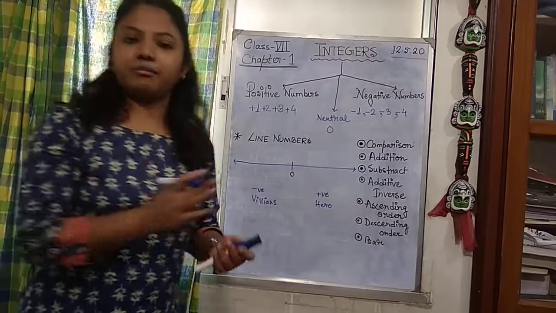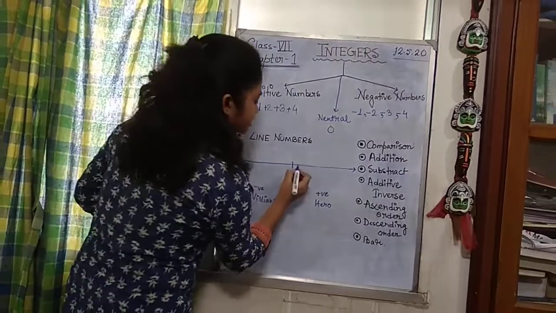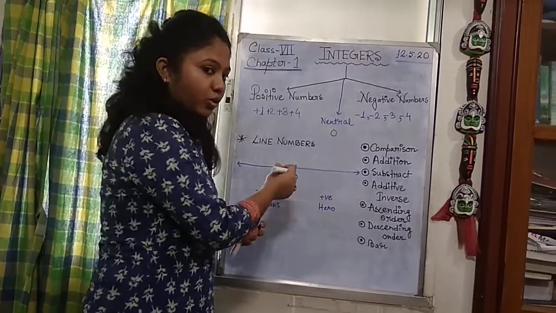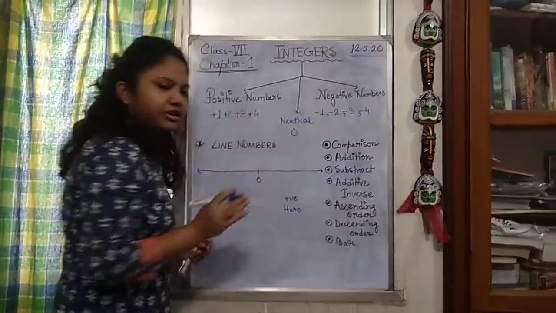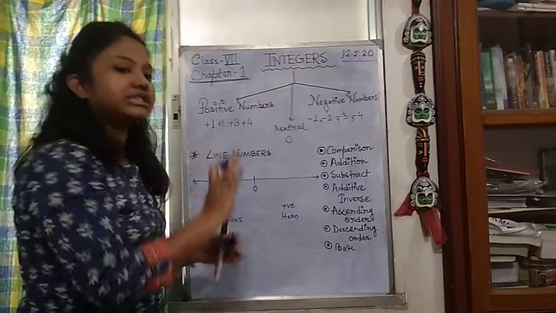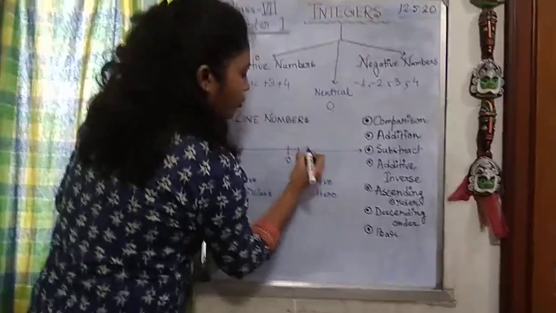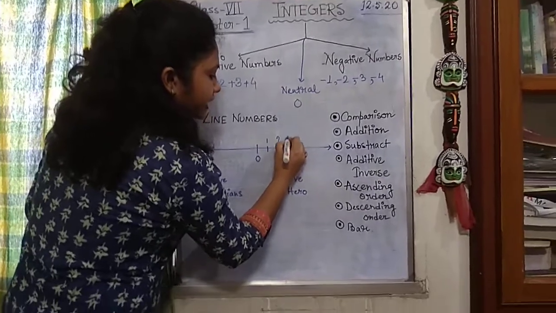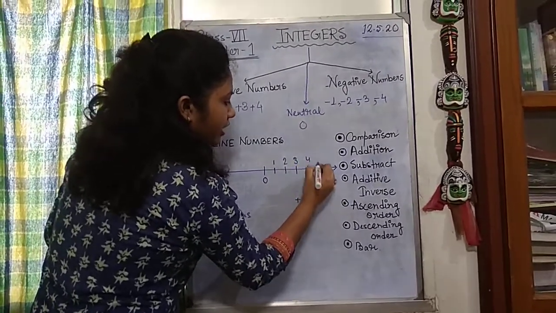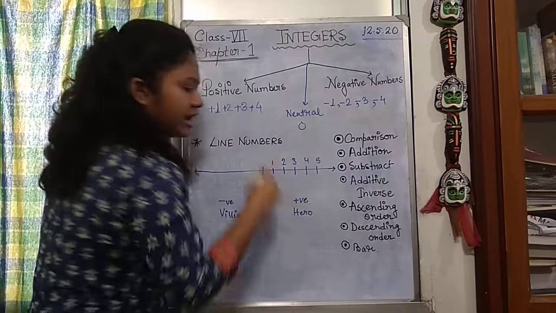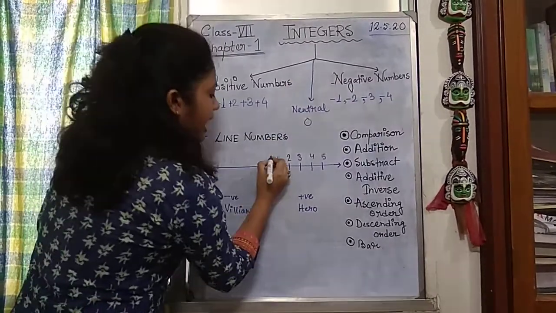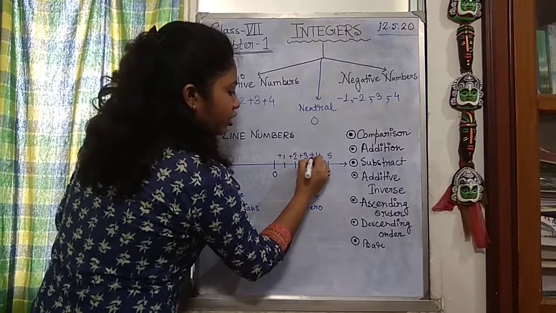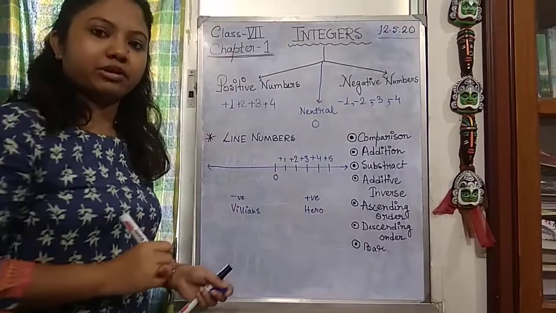Now we put the numbers. How do we put them? The way I have placed 0 on the number line, similarly we put the numbers accordingly, like 1, 2, 3, 4, 5 and on, with a plus sign because they belong to the positive numbers.